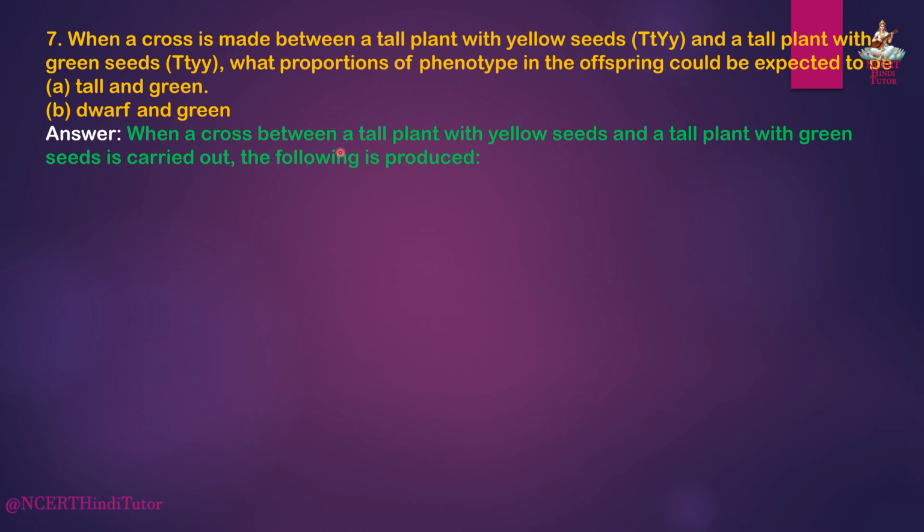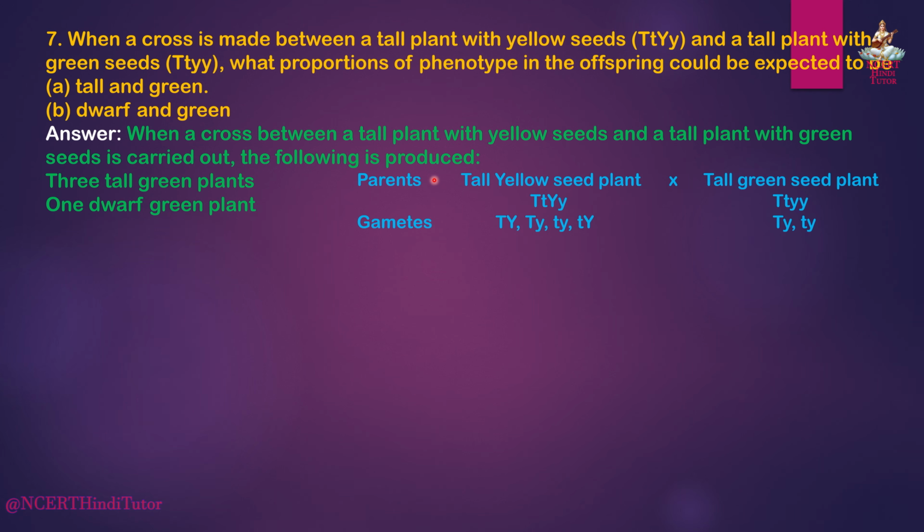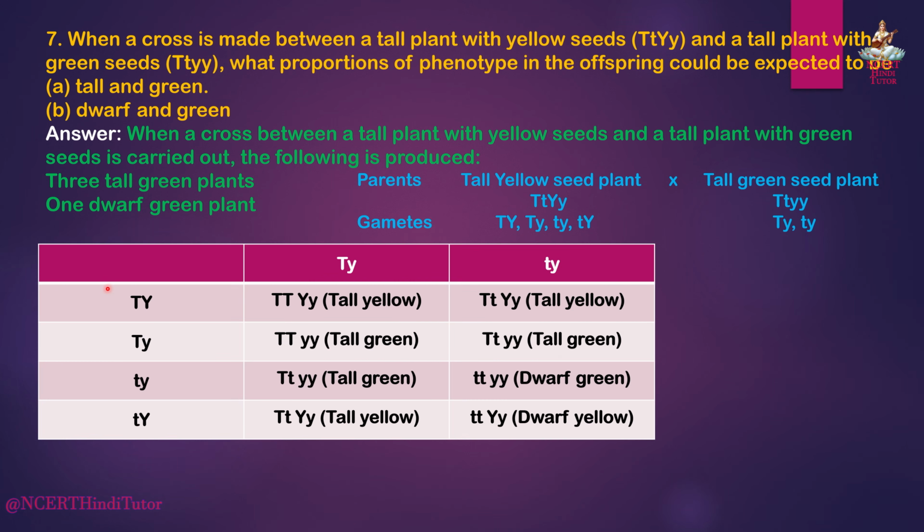Answer. When a cross between a tall plant with yellow seeds and a tall plant with green seeds is carried out, the following is produced: 3 tall green plants, 1 dwarf green plant. Parents: tall yellow seed plant, capital T small t capital Y small y, and tall green seed plant, capital T small t small y small y, and you can see the gametes.